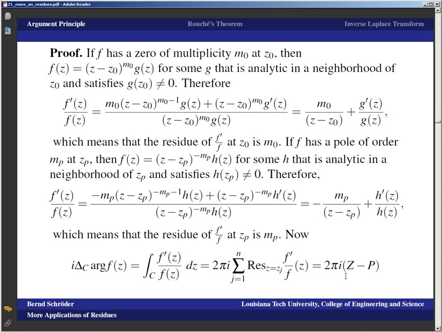And that is 2 pi i times (Z minus P), because we've just seen that the residue of f prime over f at a zero of order m0 is just m0, and the residue at a pole of order mp is just mp. So that sum really is 2 pi i times (Z minus P). And if you now just divide by 2 pi i, you get the argument principle. All right, and that is the requisite equation. So that finishes the proof.